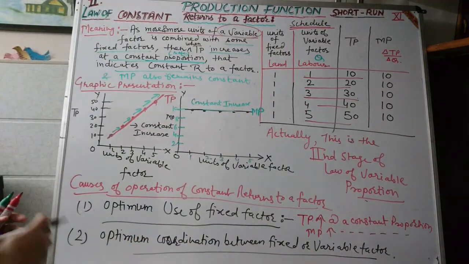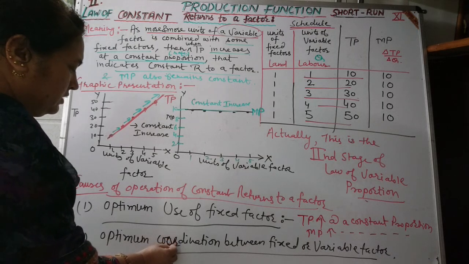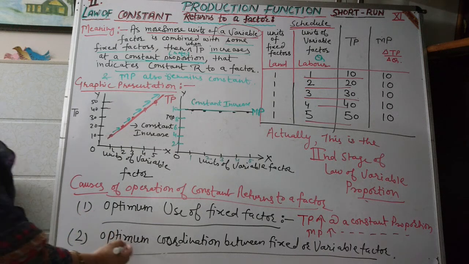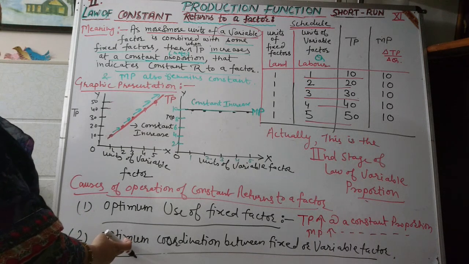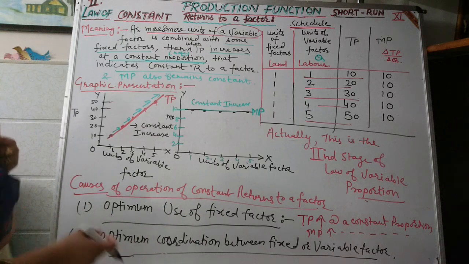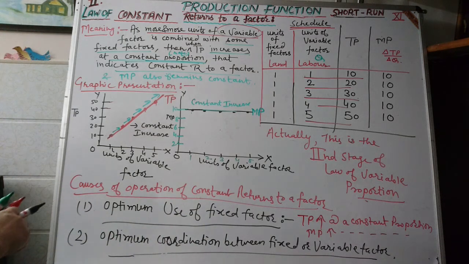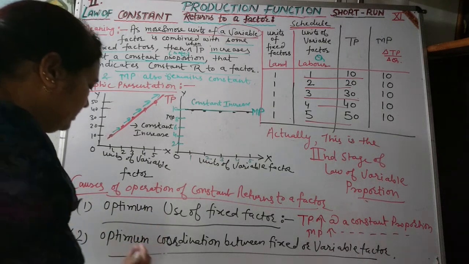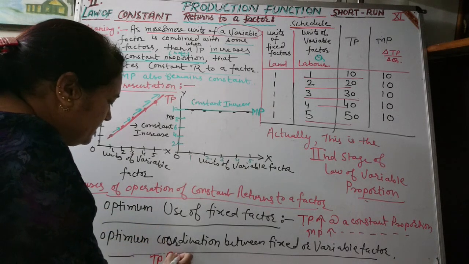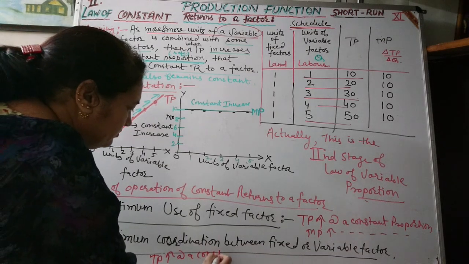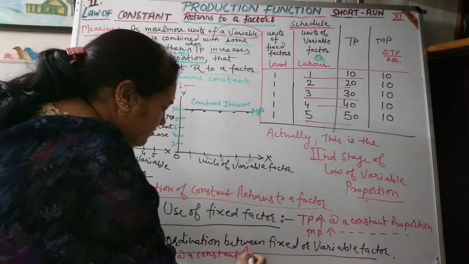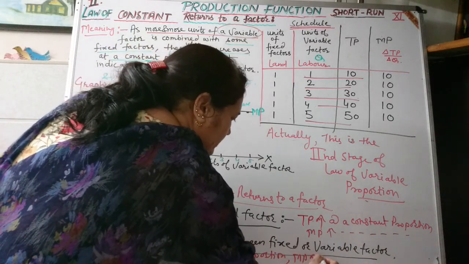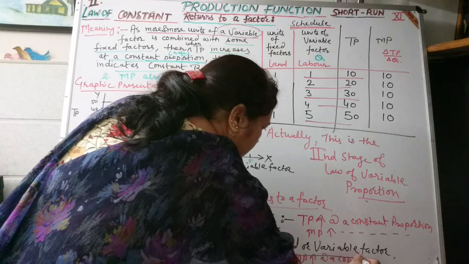So this is the second major cause of operation of the law of constant returns to a factor, that there is optimum coordination between fixed and variable factors, so that constant returns to a factor applies, and as a result total production increases at a constant proportion, and due to this marginal production also remains constant.